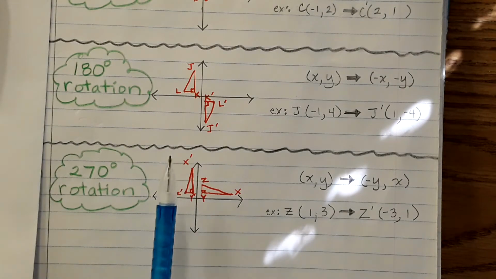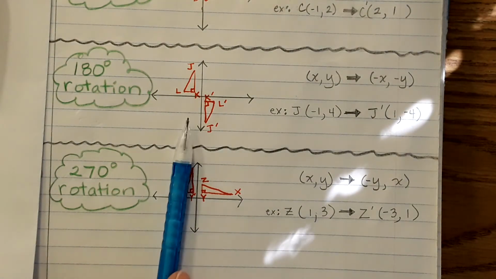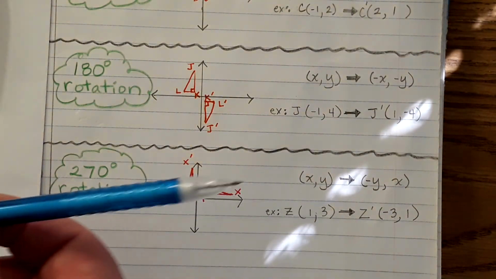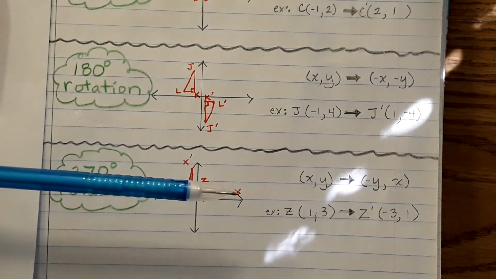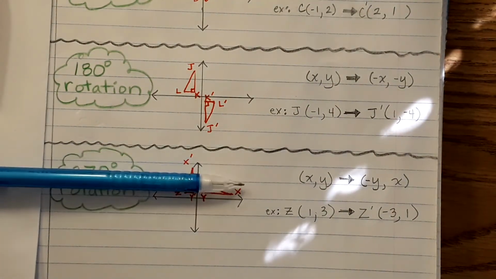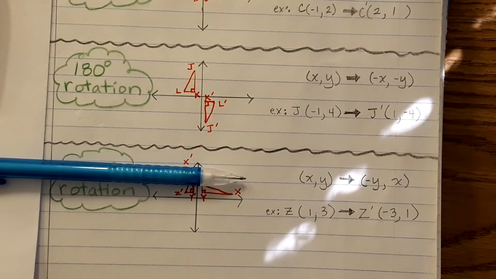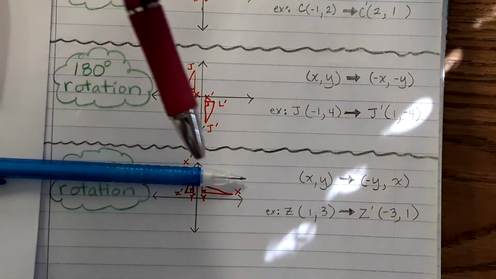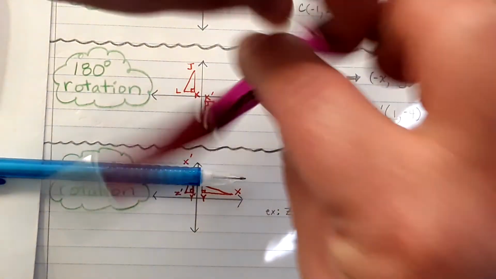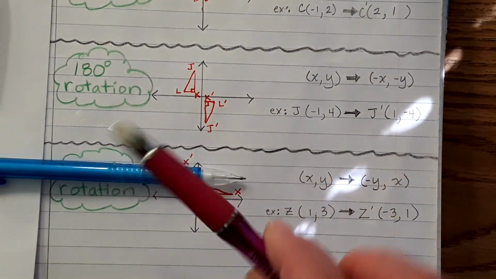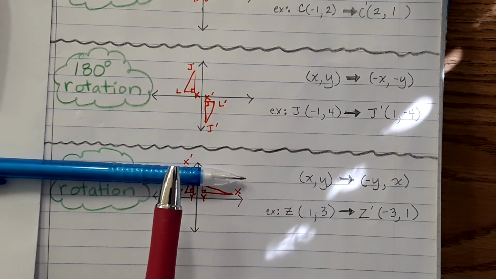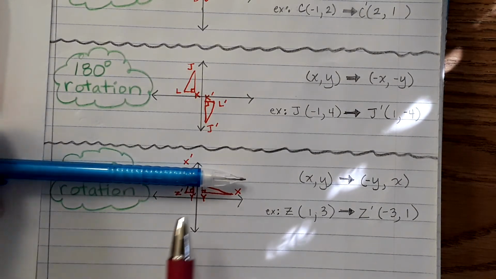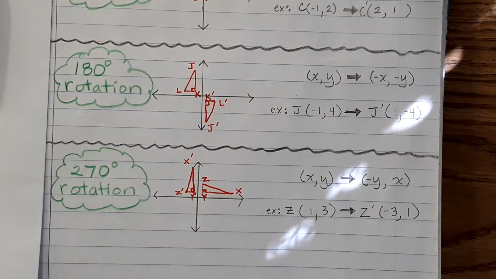If I have my x pointing here, the pre-image, no prime mark, and it's pointing to the right, 3 90-degree turns clockwise. 1 90-degree turn, 2 90 degrees is 180, 3 90-degree turns. I am now in this quadrant, quadrant 2, pointing up, and that's what happens. So that's a way to visually check.